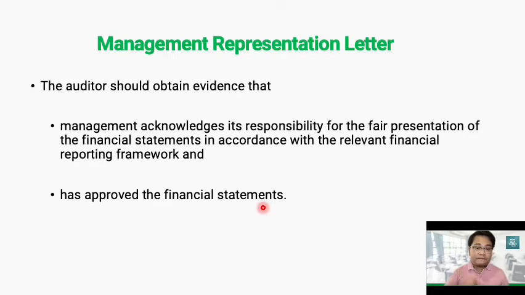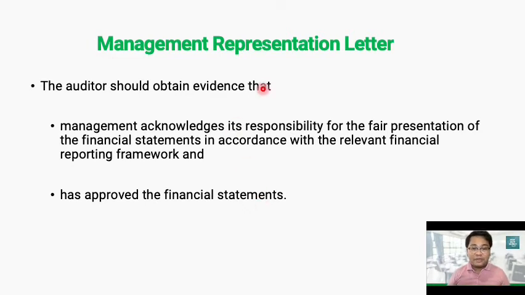So there are two important purposes of obtaining a management representation letter. One, it provides evidence that the management acknowledges their responsibility over the financial statements. And two, that the management has approved the financial statements.